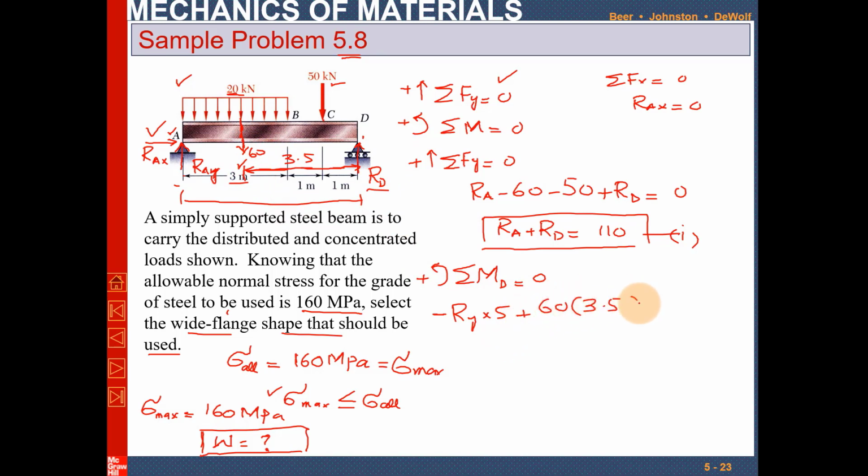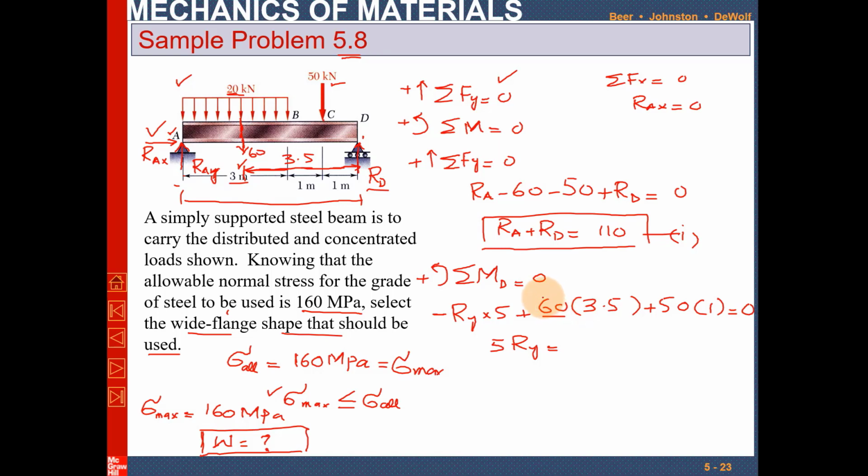So 60 into 3.5, and there is a force 50 that is also producing counterclockwise rotation. So 50 into the perpendicular distance, which is 1. Their sum must be equal to 0. So 5 RA will be equal to 60 into 3.5 plus 50.